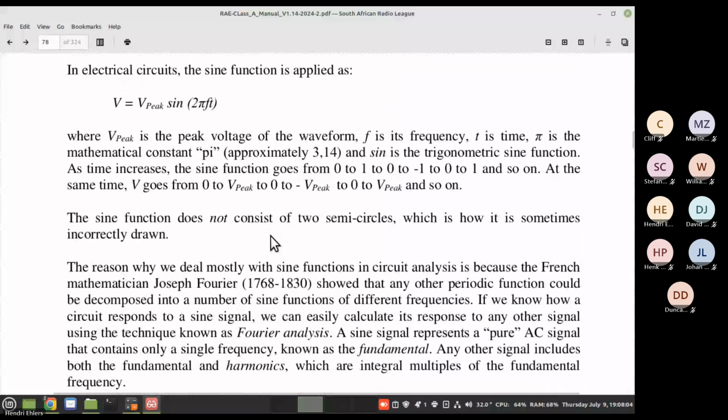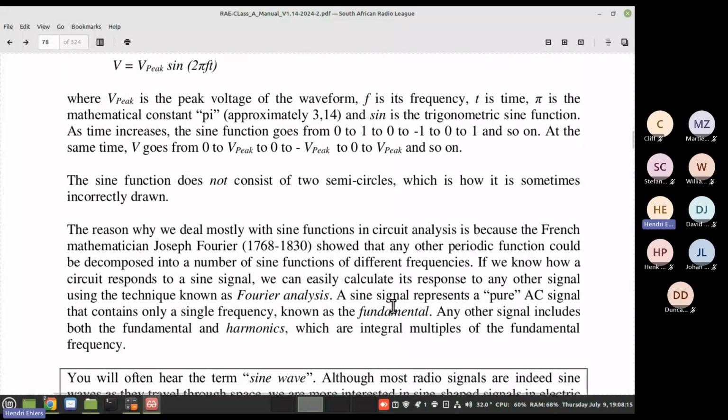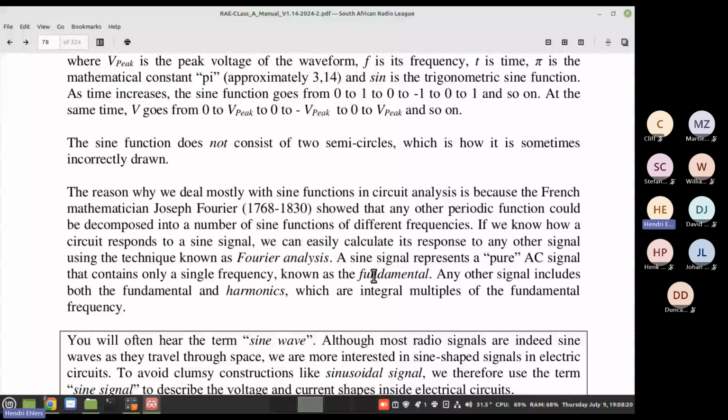The reason why we deal mostly with sine functions in circuit analysis is because the French mathematician Joseph Fourier showed that any other periodic function could be decomposed into a number of sine functions of different frequencies.